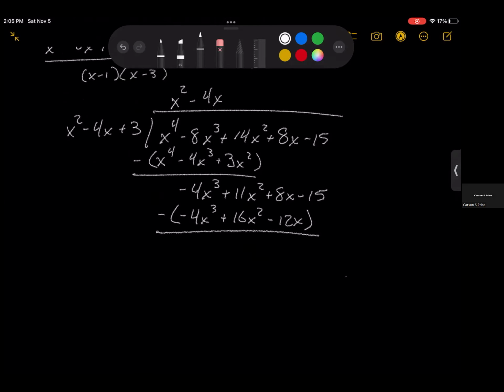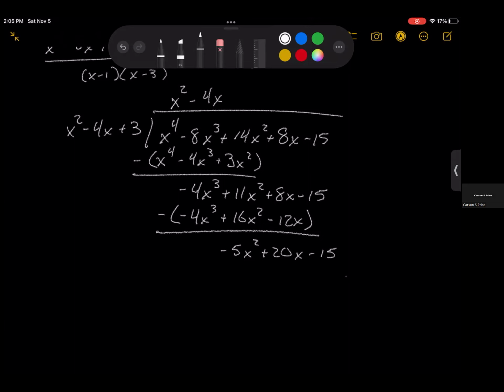I have nothing in the first spot. I have 11x squared minus 16x squared. So I have minus 5x squared. And then what do I have? I have 8x plus 12x. So that's going to be plus 20x. And I still have that minus 15.